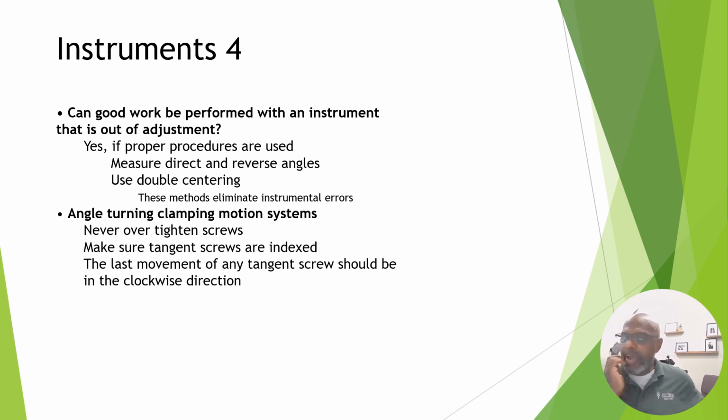No matter if you have a simple transit, an optical or digital theodolite, or a total station, you should always be familiar with that device before using it. Just don't take it for granted, because you can throw information off. Look and make sure everything is working correctly.